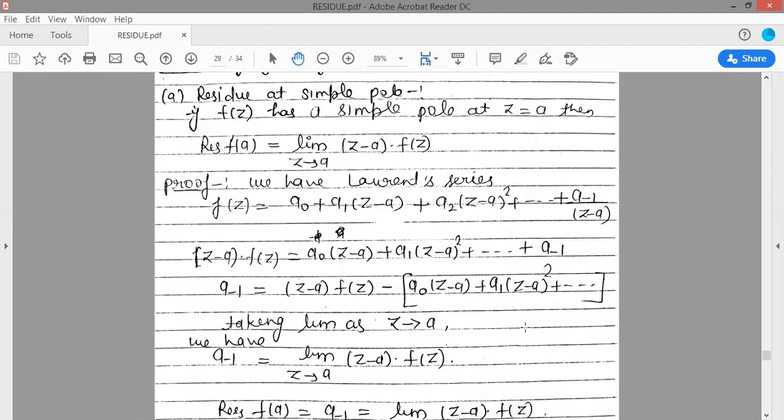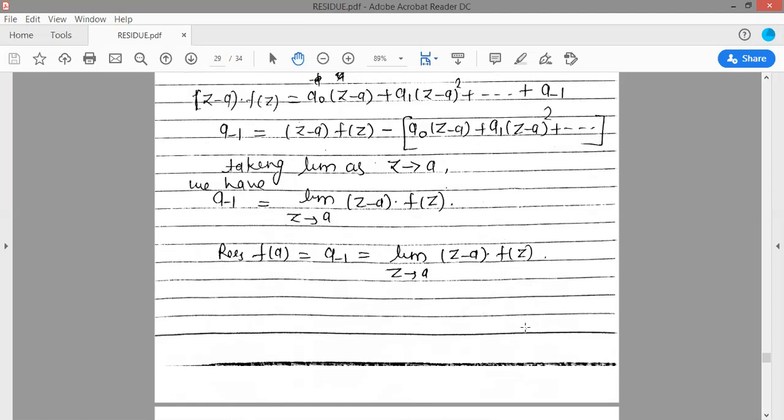So this is your residue of a pole of order 1, the residue of a simple pole. You can write it as residue of f at z equal to a is a_{-1}, which is equal to limit z tends to a of (z minus a) into f(z).